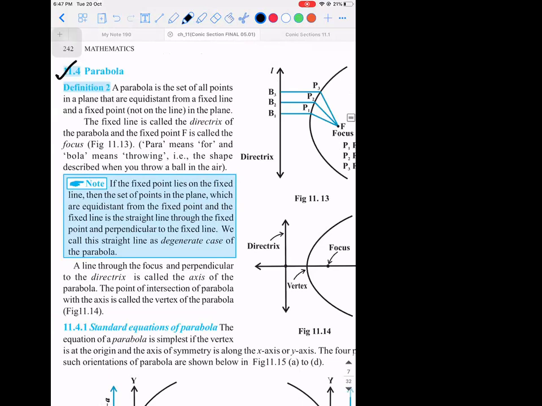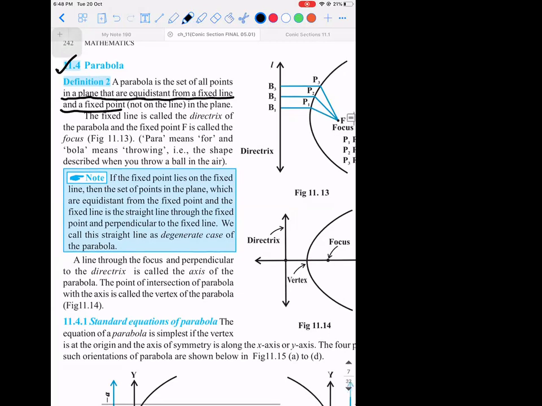A parabola is a set of all points in a plane that are equidistant from a fixed line and a fixed point. Write down. So parabola is a shape of all points in a plane. It's a two-dimensional shape, okay? A parabola is a set of all points in a plane that are equidistant from a fixed line and a fixed point.